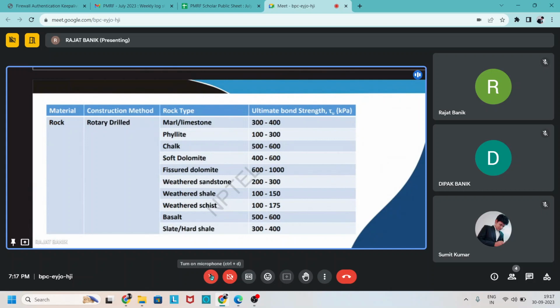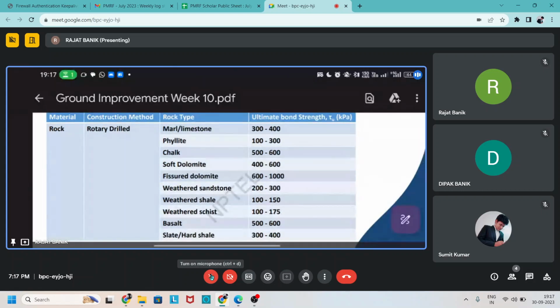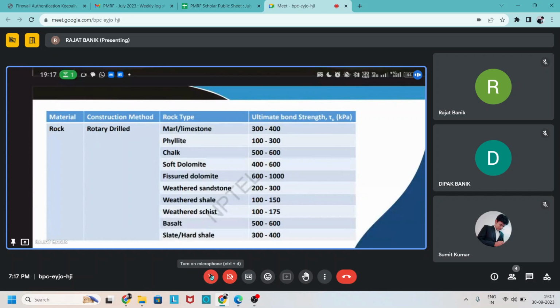Then, types of rock. These bond strengths range, for example, for marble, the ultimate bond strength is in between 300 to 400 kPa. For chalk, it is in between 500 to 600 kPa. Like this, we can find out the ultimate bond strength.